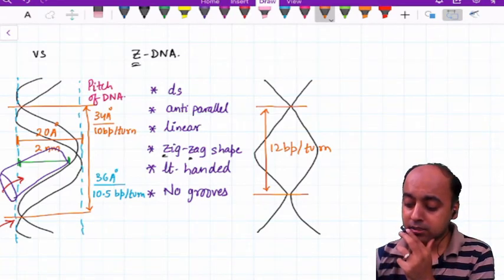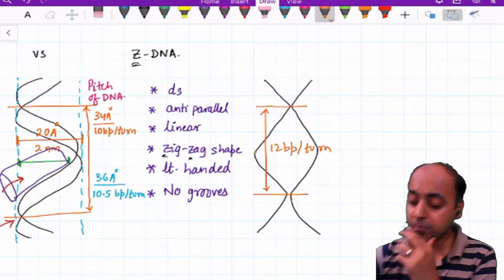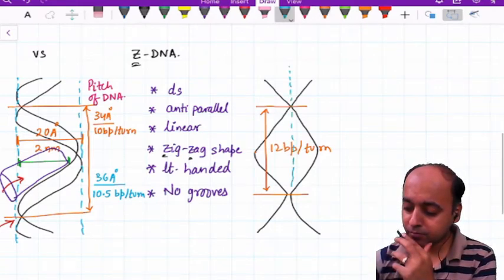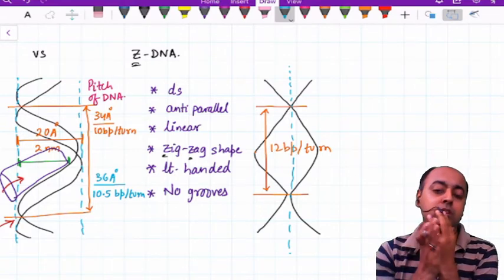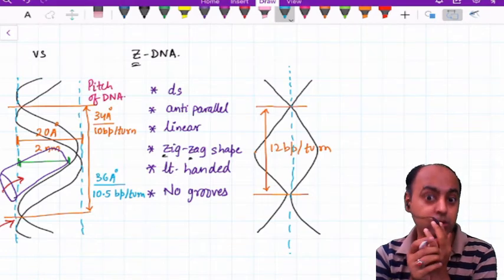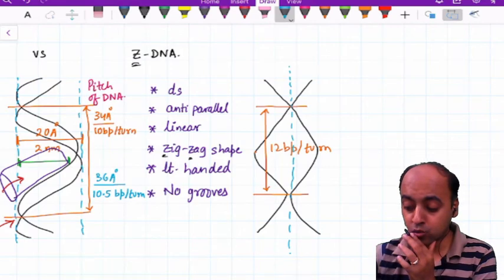One end is exactly coming to the end, whereas the other one is right up till the middle. It's running right through the middle, so we don't have the major grooves. So easy interaction with protein does not occur. The Z DNA is not amenable to good regulation.